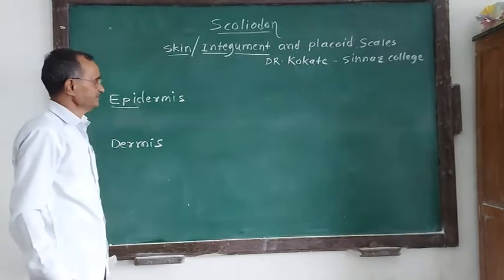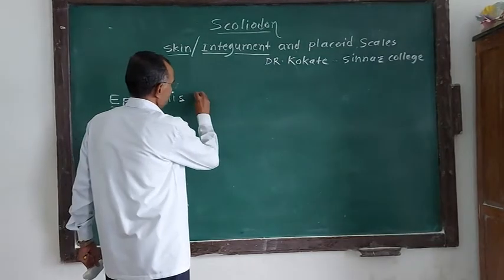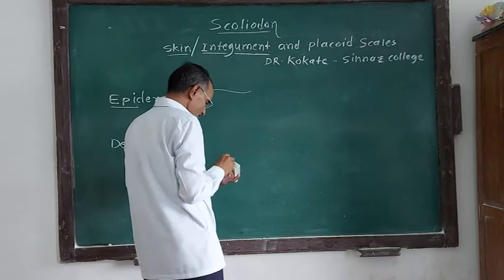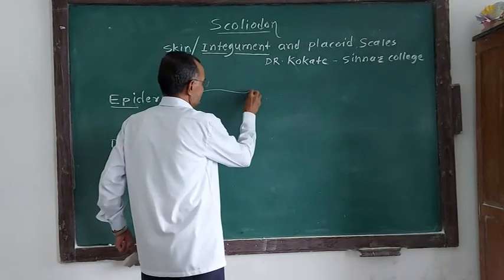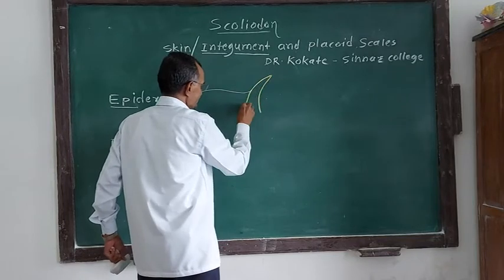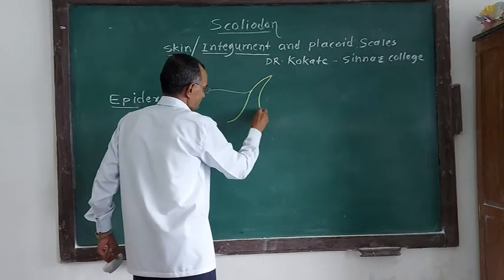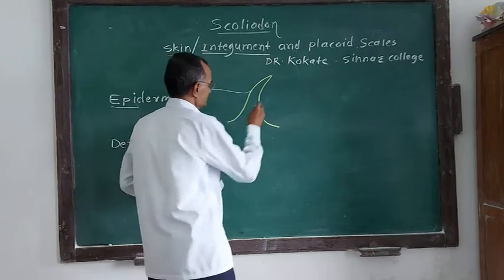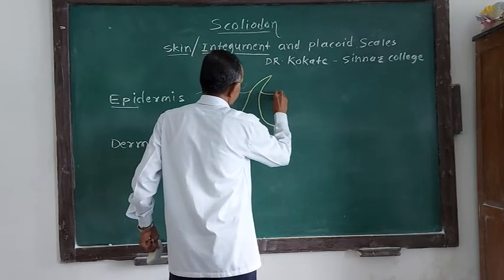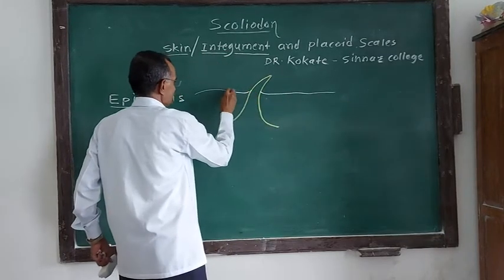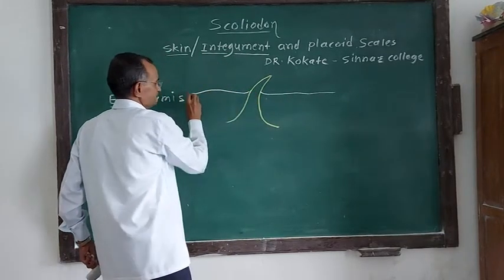Now what is the epidermis? The epidermis of the skin of Scoliodon consists of, like this scale, and through the epidermis the scales project out in this way.